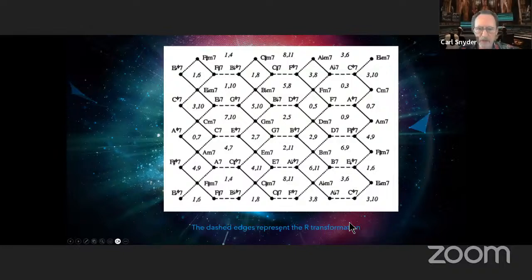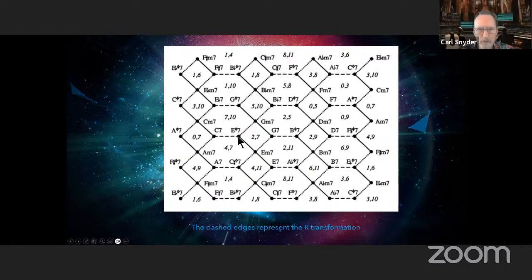The dashed edges represent the R transformation, the relatives. Where's it dashed? And I've got lots of diminished in here as well. So here's one: C dominant 7 to E diminished 7 is a relative transformation.